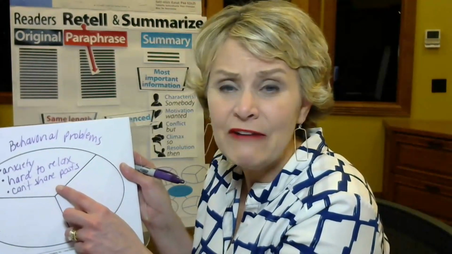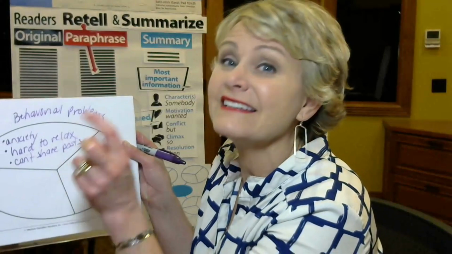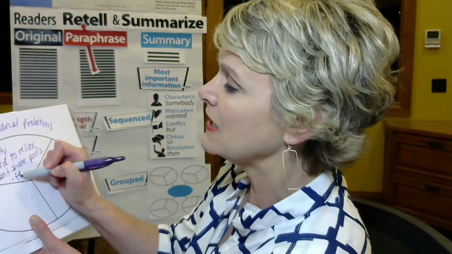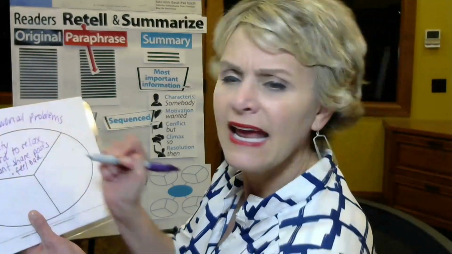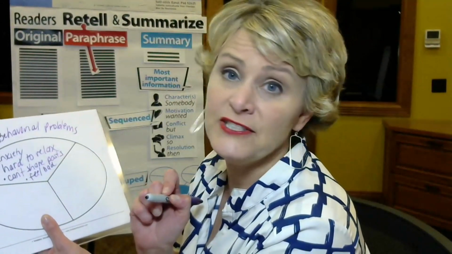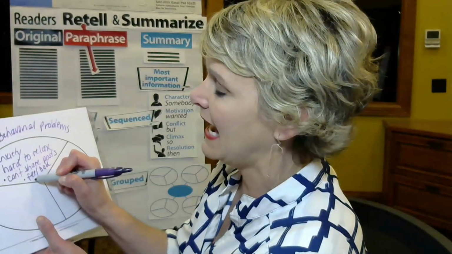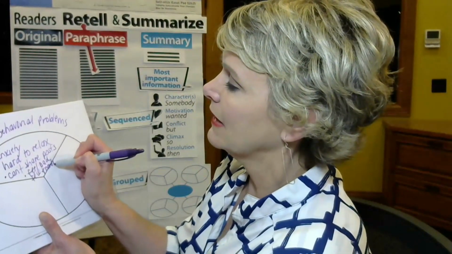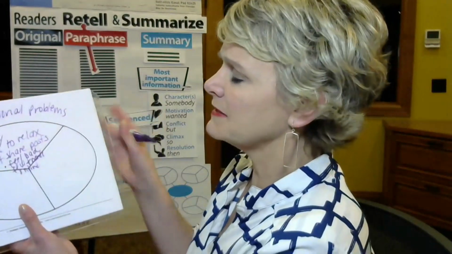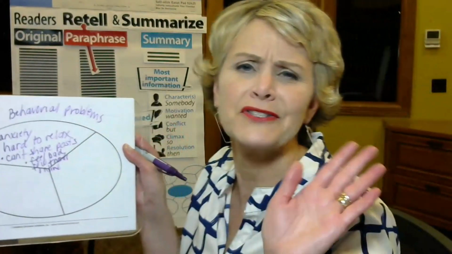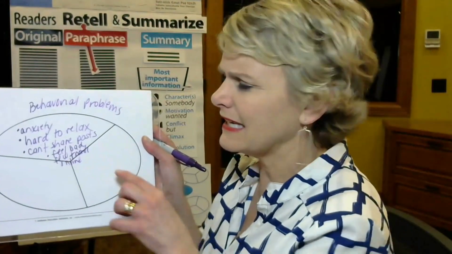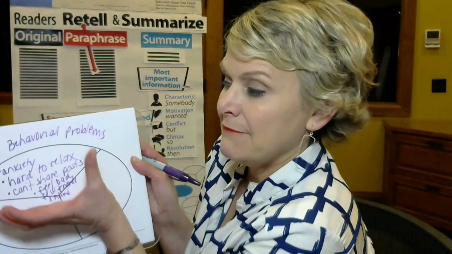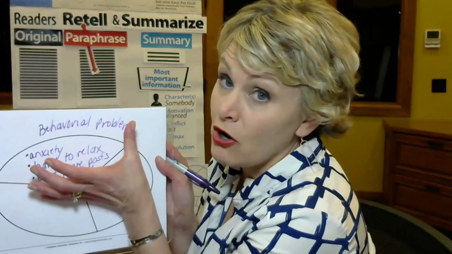So I know it's getting full, but it goes in the same pie piece. Yes, it does. Feel bad. And why do they feel bad? They don't have many friends online. A few friends online. Oh, Mrs. Macken, you're leaving your piece. That's okay. It's just quick note taking. So if you go over, that's okay. Don't worry about it. Okay. But I want to keep as much in that one because these all go together.